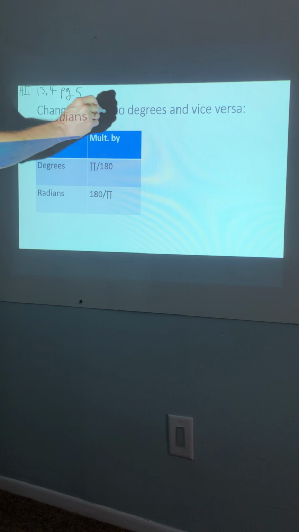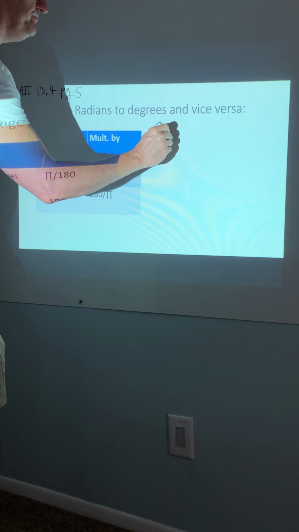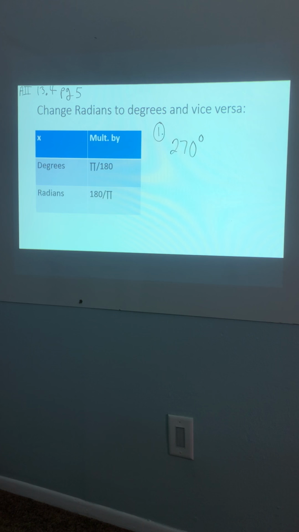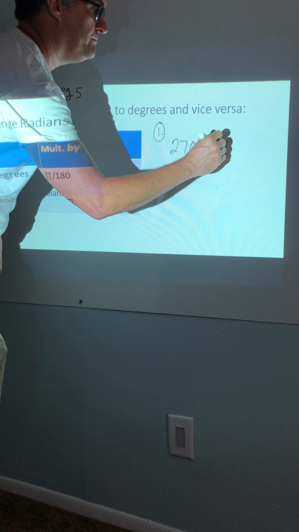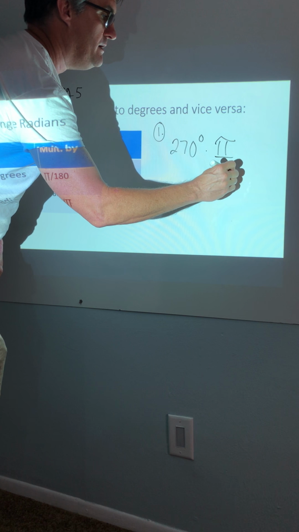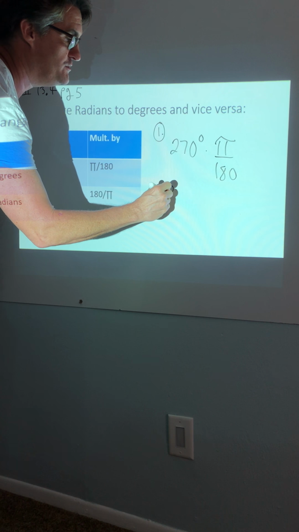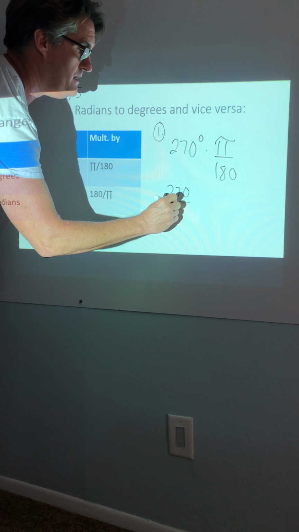All right, example 1. Let's say I give you 270 degrees, and I want to put that in terms of radians. The first thing I gave you was in degrees, so you multiply by pi over 180. Right away it creates a fraction, so you have 270 over 180.